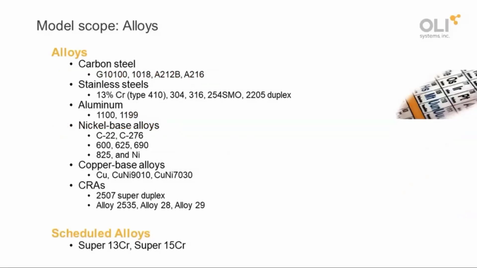I wanted to show one slide to give you an idea of the types of alloys. I actually thought these were not scheduled, but that's an error on my part. These are now in the database. These super chromes have been included as well. So this gives you some idea of what we're looking at.